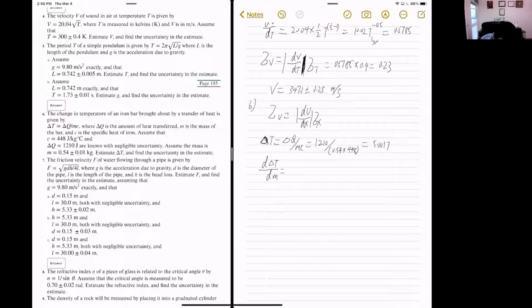So that is equal to delta Q over C times M to the power of -1, differentiated, which simplifies to negative delta Q over C times M to the power of -2.